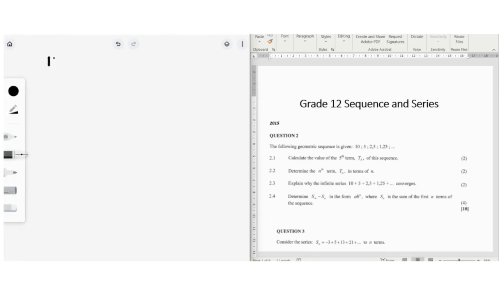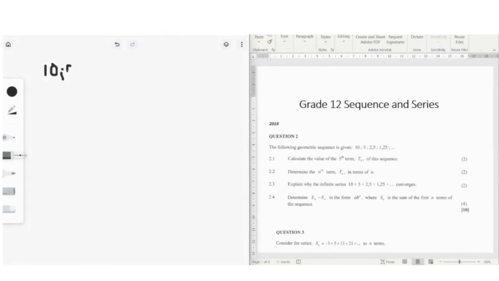So the geometric sequence that is given is 10, 5, 2.5, and 1.25.